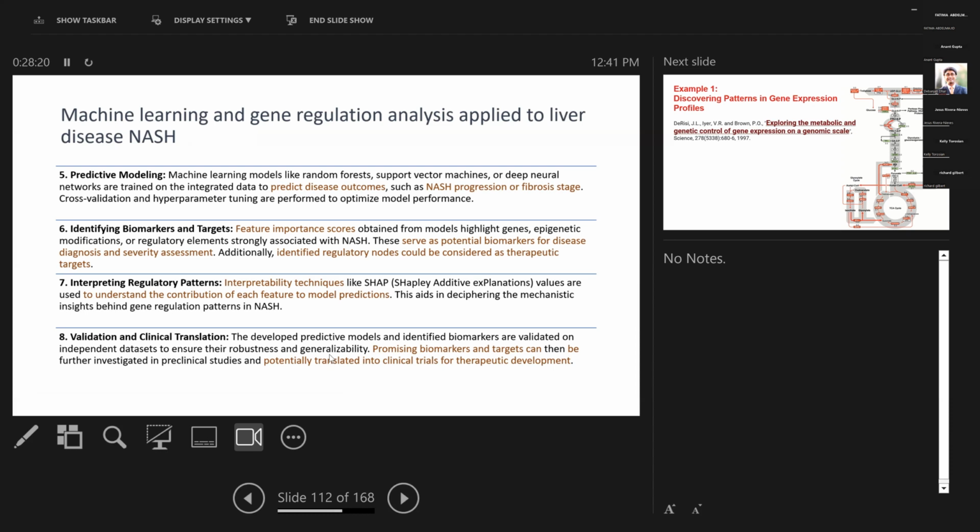And also, they can identify regulatory nodes as therapeutic targets. And then finally, we can interpret regulatory patterns to understand the contribution of each feature to model predictions, and finally validate these findings in the clinic, okay? That's a general pipeline that we could use for that.